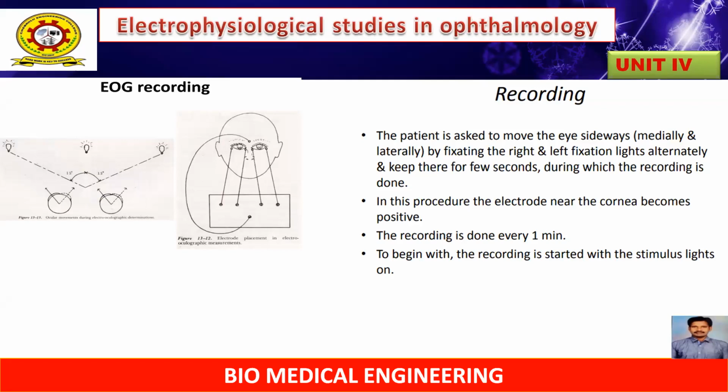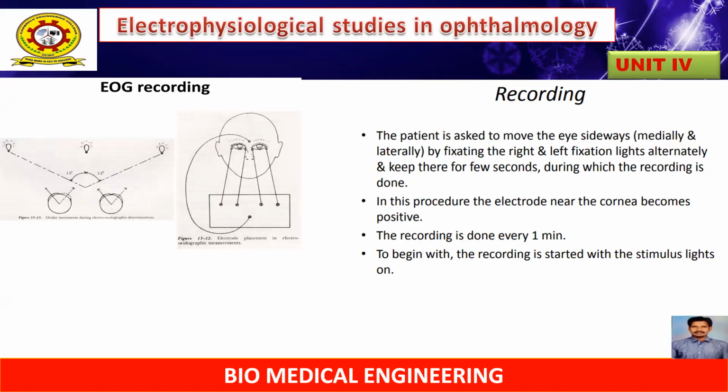Then how to perform this test? Ground or reference electrodes are placed on the temple or forehead. Surface electrode is placed at the left and right of the eye on the temple and nose.